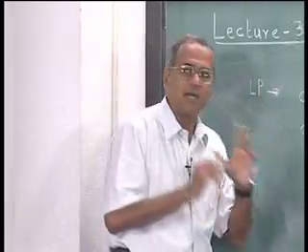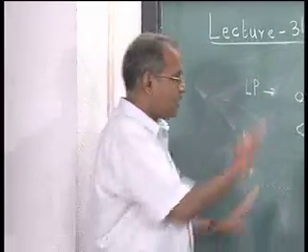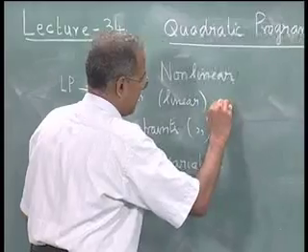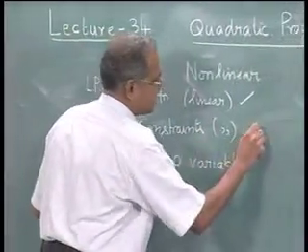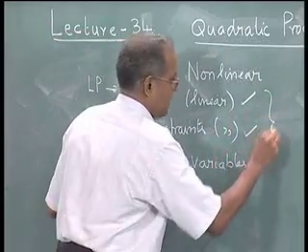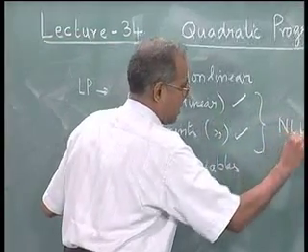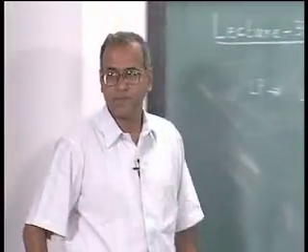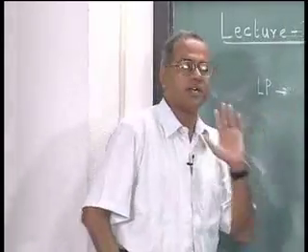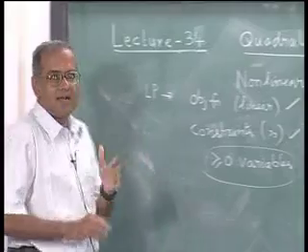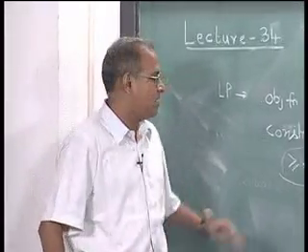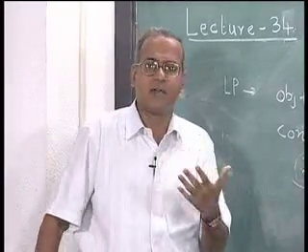Now, what is a non-linear programming problem? If there is a non-linearity in the objective function, or if there is a non-linearity in the constraints, then the problem becomes an NLP or non-linear programming problem. One of the important things in non-linear programming problems is that we do not have the explicit mention of variables to be greater than or equal to 0.